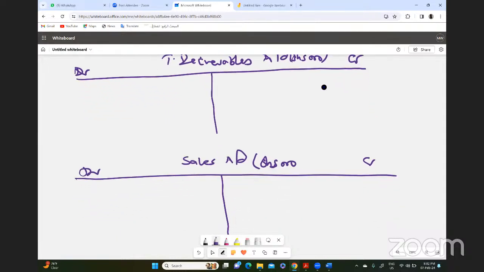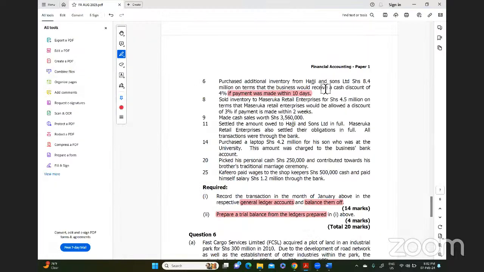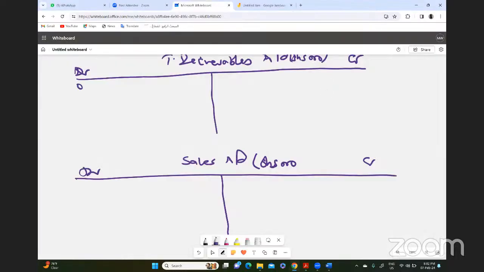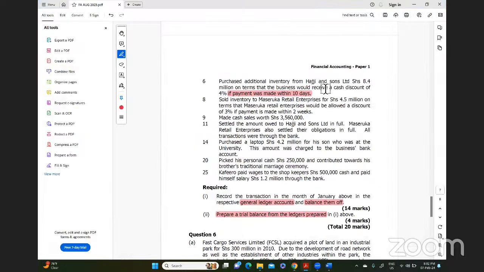So we are debiting trade receivables. On the left-hand side of that ledger, that's where the debit is. So on 8th, we are debiting the trade receivables with 4.5.